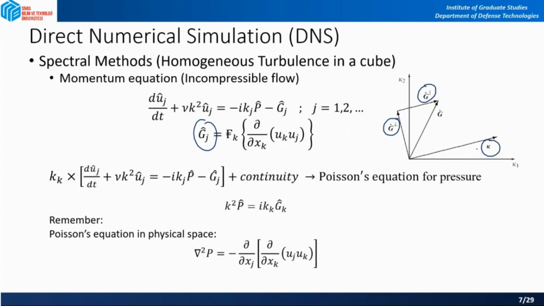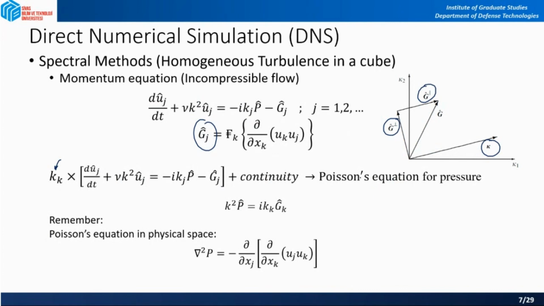And what I'm going to do is multiply the equation that I got by the wave number k, with index k, and use the continuity equation. When I do this, multiplying this plus the continuity equation gives the well-known Poisson equation for pressure.